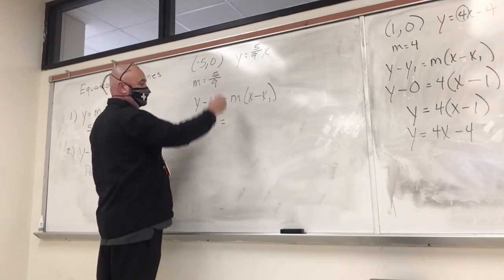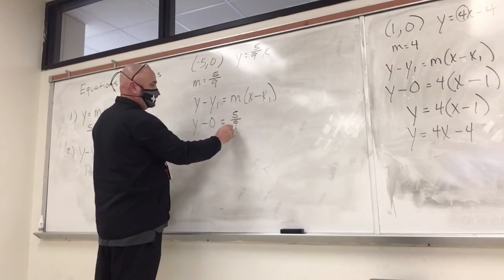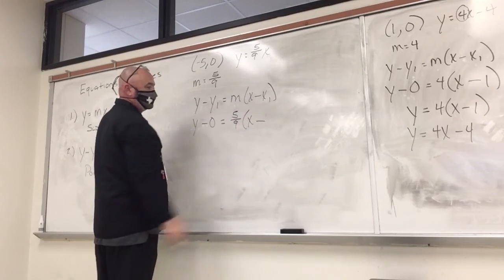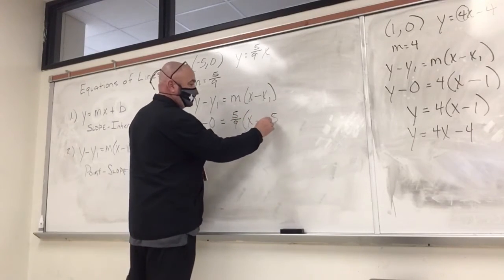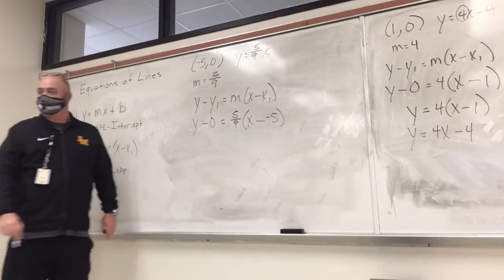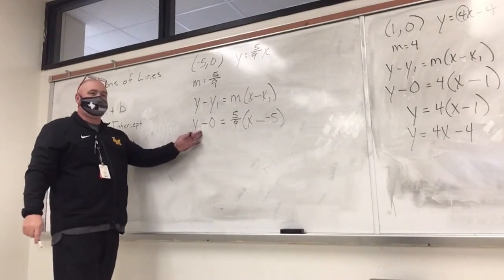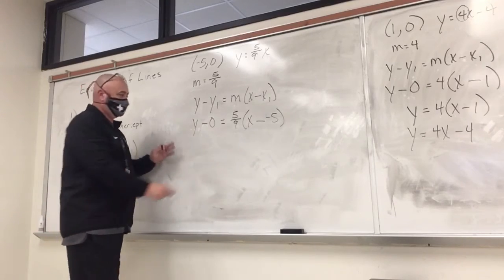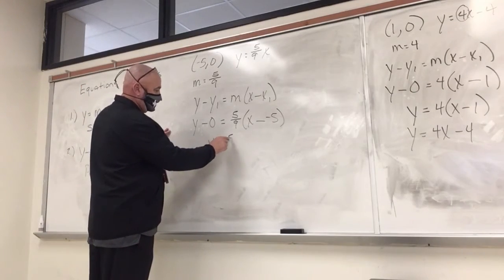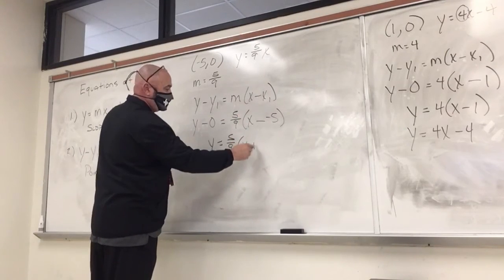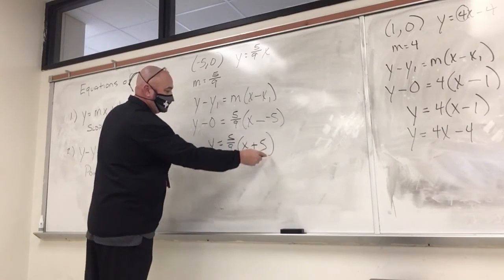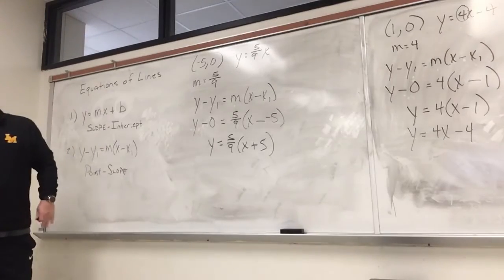What's m? 5/9. Well, x stays x, minus comes down, -5. So then it would be positive. Do I have to write 0? No. x minus the negative becomes plus 5. Now we distribute.